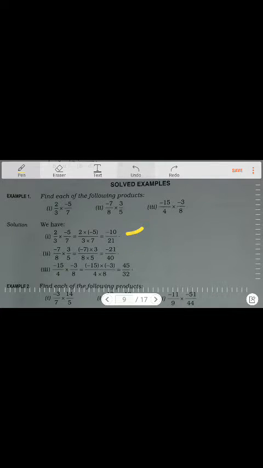But below, there is the second question, that is minus 7 by 8 into 3 by 5. Again we multiply minus 7 into 3, that is minus 21, and 8 into 5, that is 40. In question number 3, it is minus 15 by 4 into minus 3 by 8.